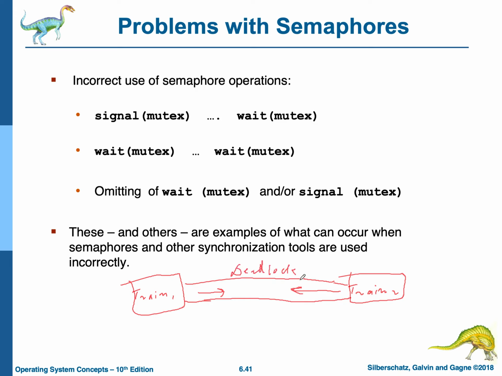So in semaphores, when used incorrectly, a deadlock can occur. When the signal is also not released and the resource is not available, this is a situation of deadlock, when both are waiting for each other, or both are accessing the same resources and both are not getting the resources.